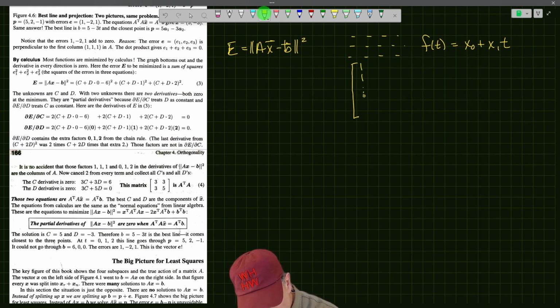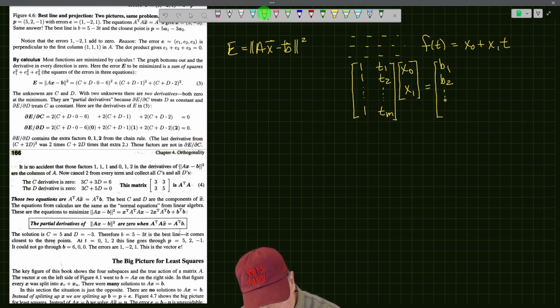It's going to be 1s multiplied times x naught, and multiplied times x1 are going to be the t values, t1, t2, all the way down to tm. And the set of equations is going to be equal to the data values, b1, b2, all the way down to bm.